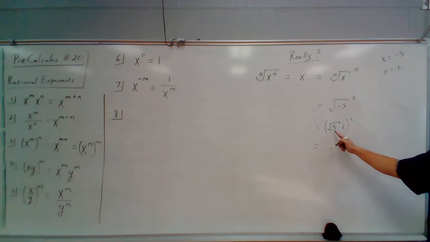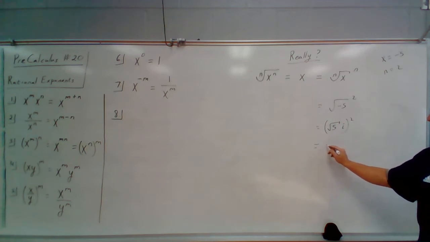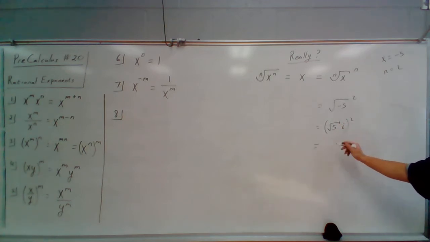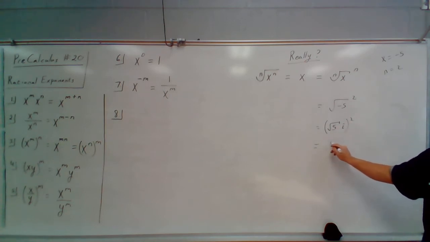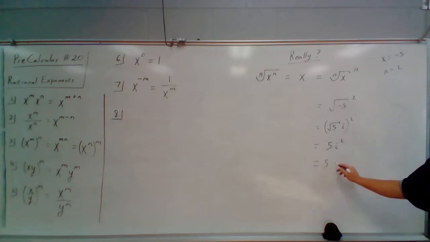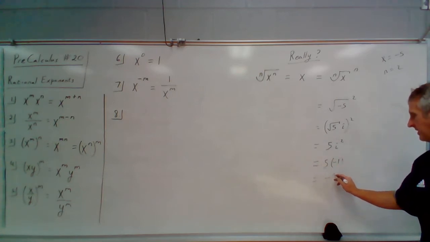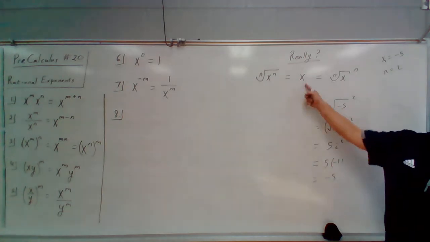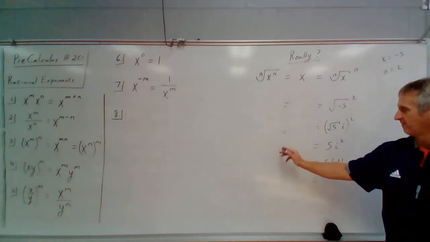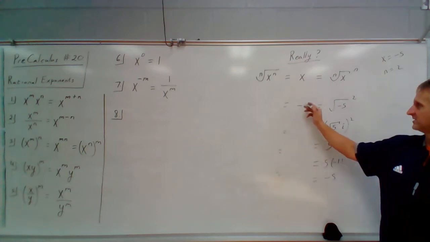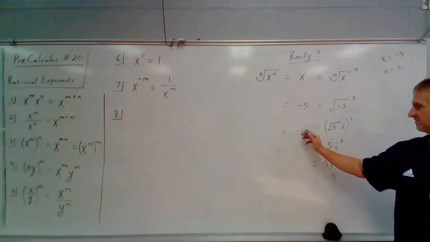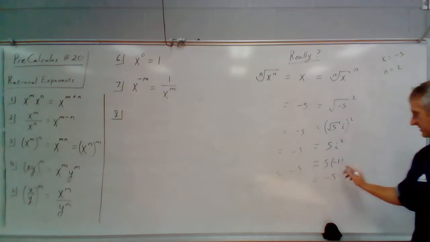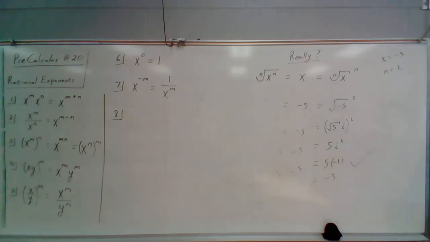If I square that, the square root of 5i times the square root of 5i, well, the 2 applies to both of these, so the square root of 5 squared would be 5, and i squared is -1, and I get -5. That's what it should be. So x is -5, that's what we said it was. Everything's good. We got exactly what we expected.